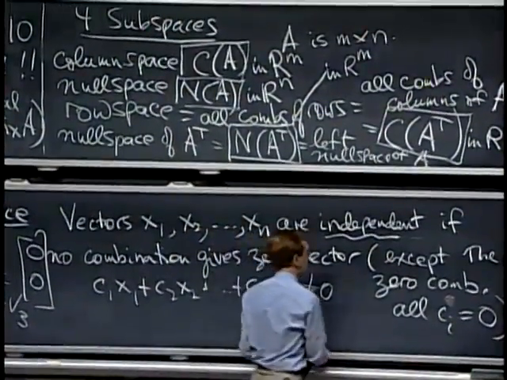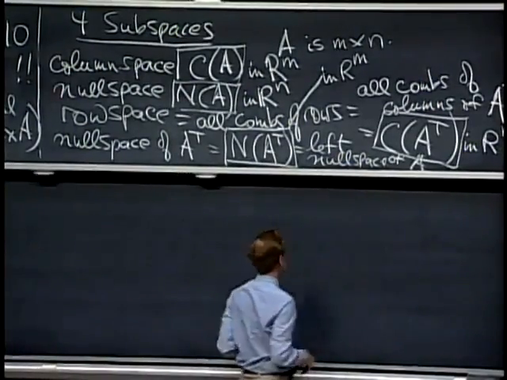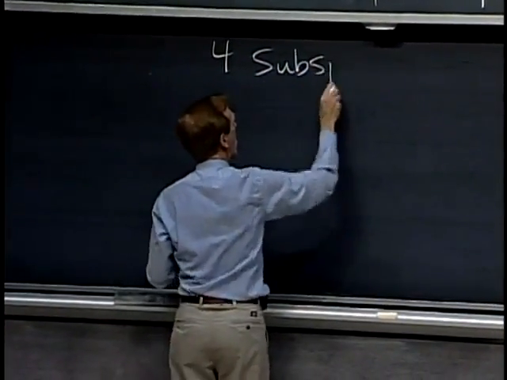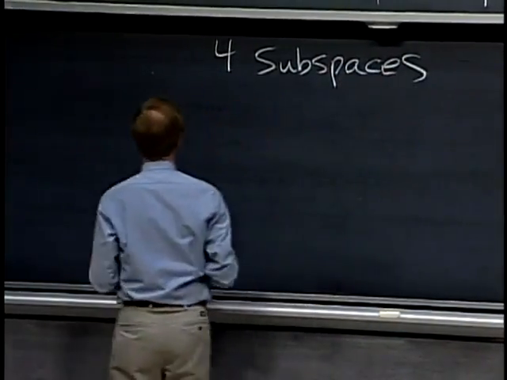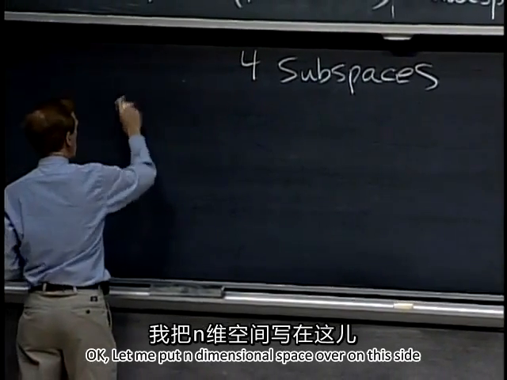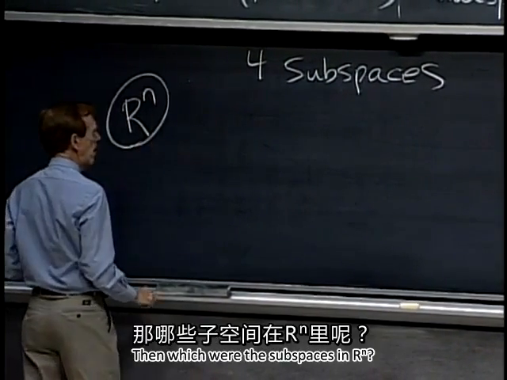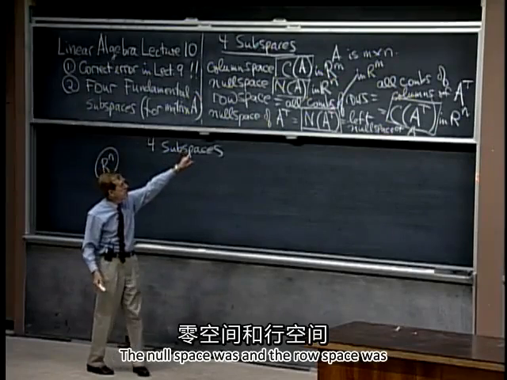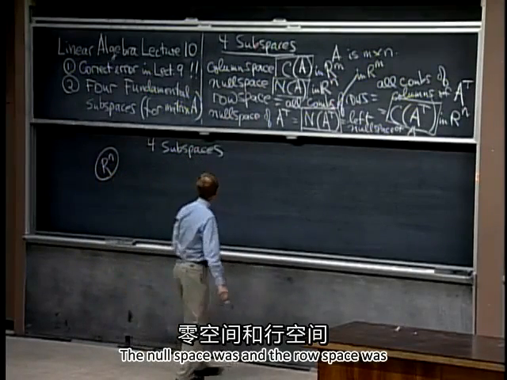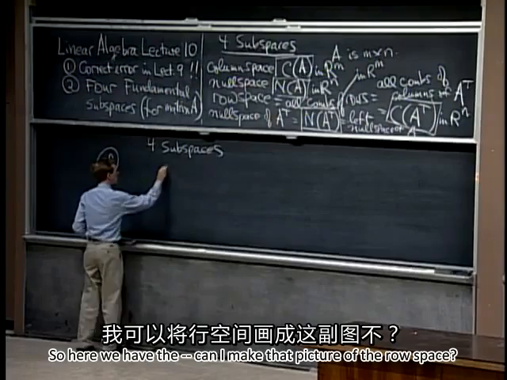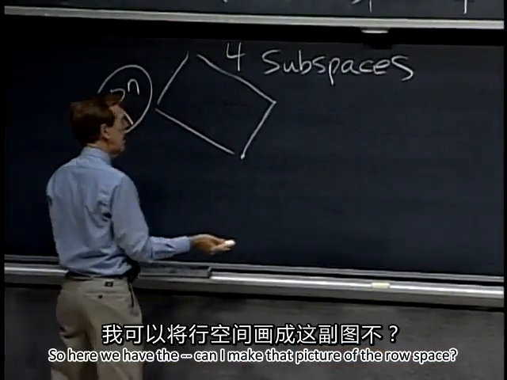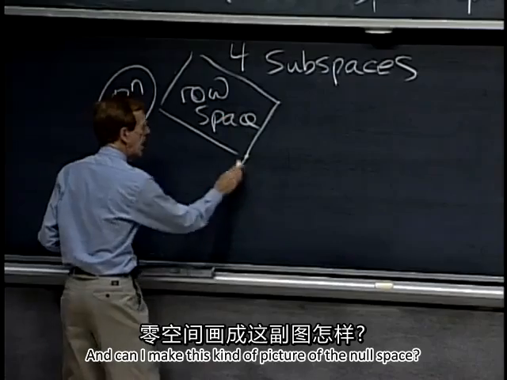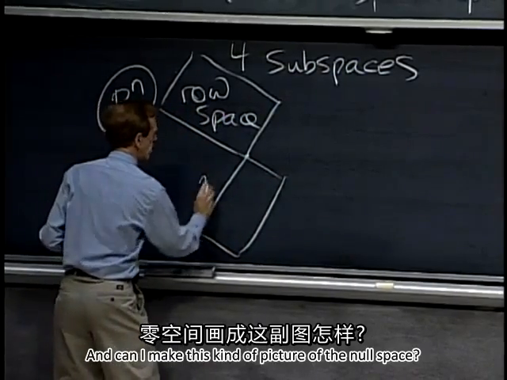Okay. Here are the four spaces. Let me put n-dimensional space over on this side. Then, which were the subspaces in Rn? The null space was, and the row space was. So here we have the, can I make that picture of the row space? And can I make this kind of picture of the null space?